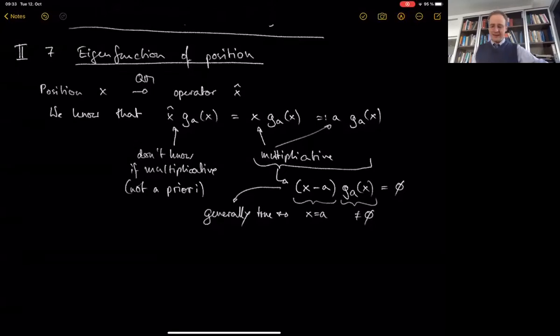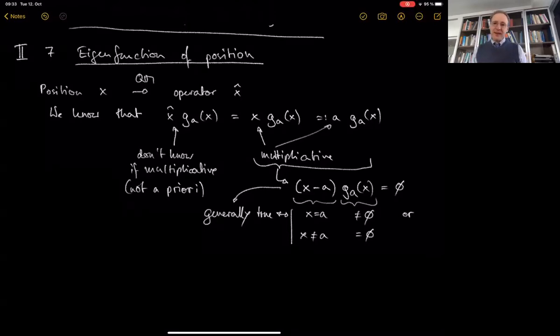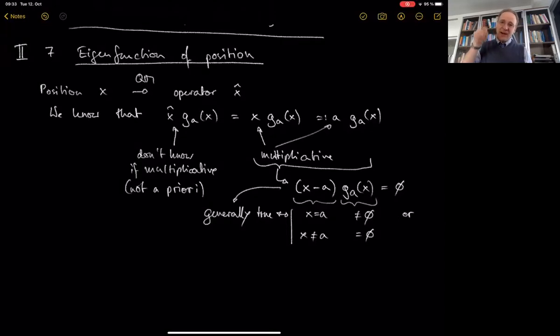X equals A, then your bracket is 0, of course, or if this eigenfunction is 0 for all A's that are not equal to X. These are the 2 cases. In other words, your eigenvalue A must be the position X.